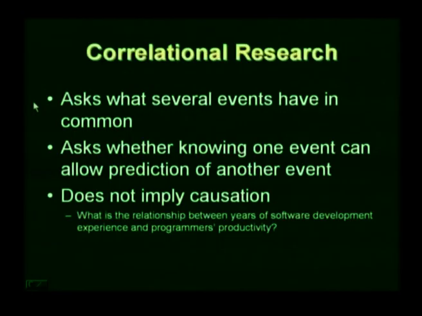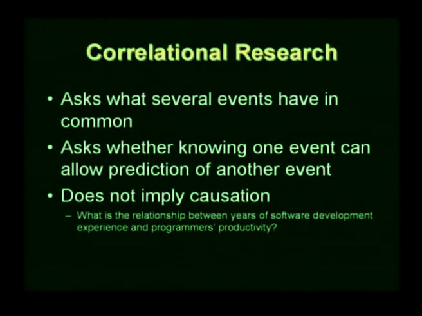But this type of research does not imply causation, that one event causes the second thing. It does not focus on that. An example would be the relationship between years of software development experience and programmers' productivity. So this type of research aims at correlational studies between two or more variables.